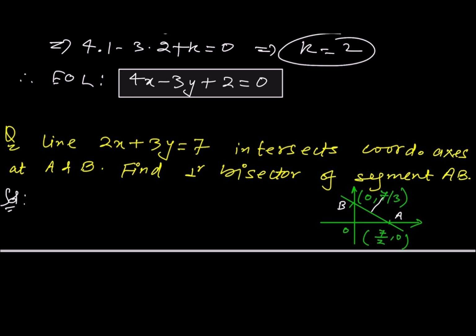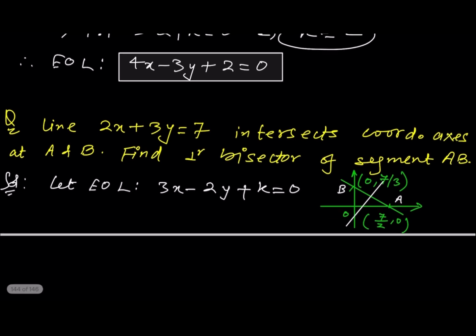So the perpendicular bisector is nothing but a line passing through the midpoint of segment AB and is perpendicular also, right? So the equation of the perpendicular bisector will be 3x minus 2y plus k is equal to 0, right?